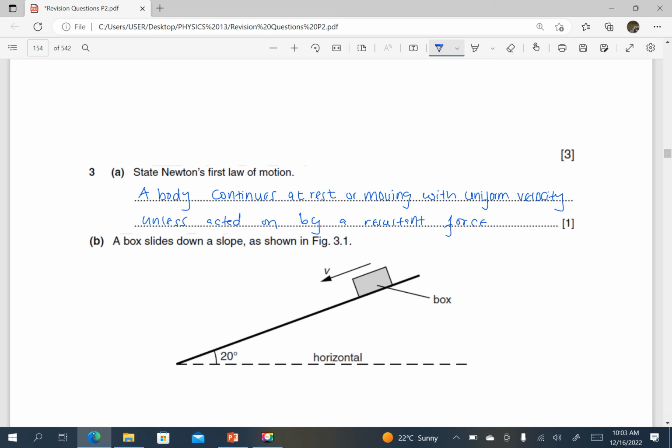So a body continues at rest or moving with uniform velocity unless acted upon by a resultant force. And I mentioned that the word resultant is going to be very, very important here.